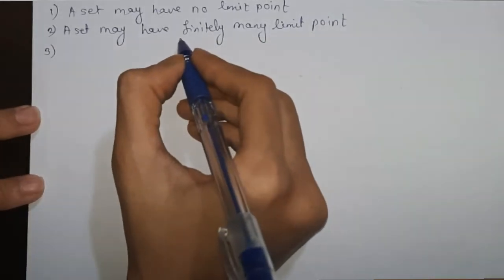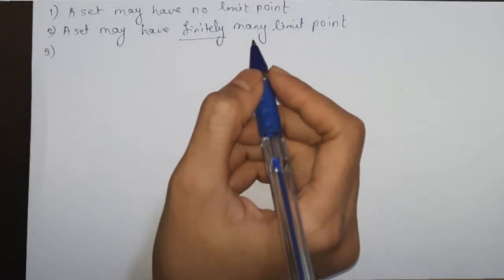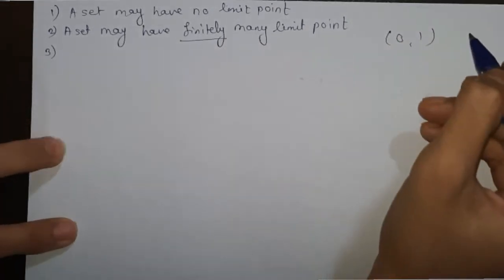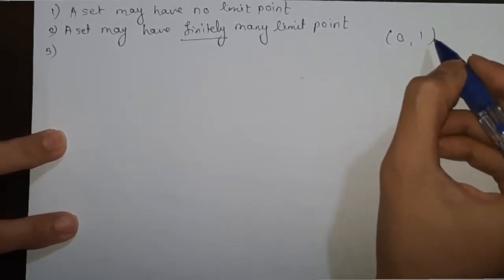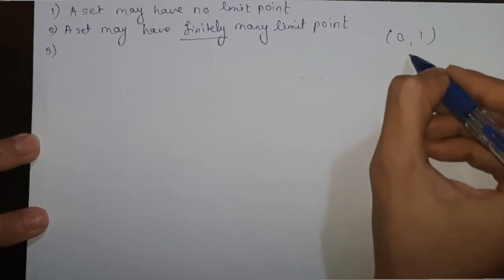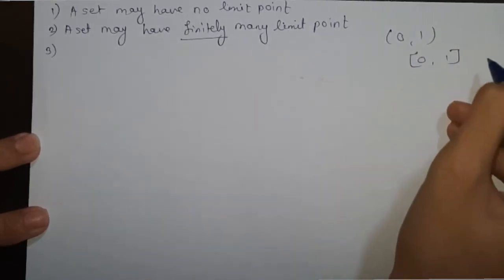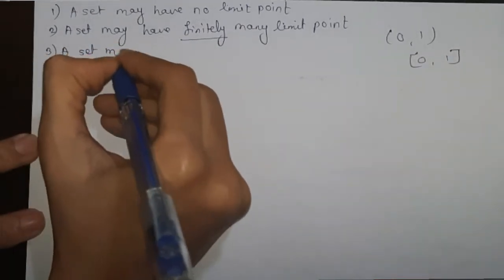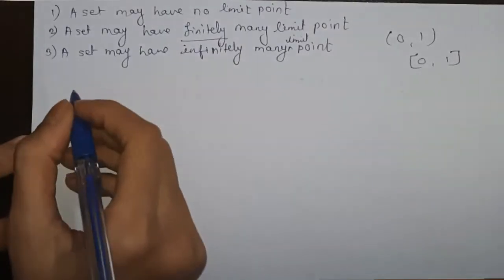Here we have written finitely, but this is also applicable for infinitely many points. This means that for (0, 1), you have infinitely many points, and after taking the limit you are also getting infinitely many points. So a set may have infinitely many limit points.